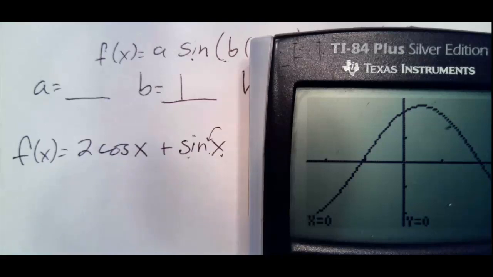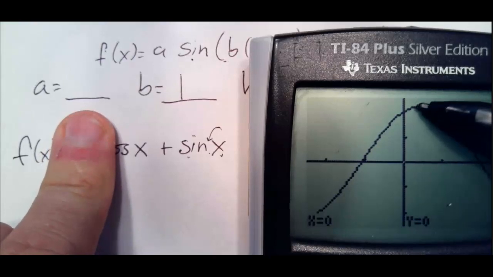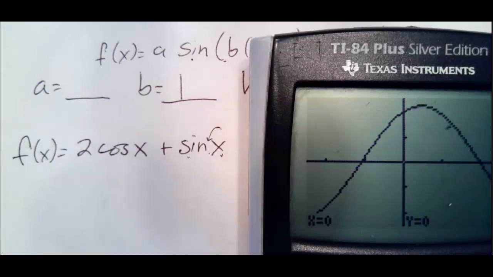All right, so let's go ahead and take care of A first. A is our amplitude. So we want what is the highest peak it is going in the Y direction. So you press the trace button, and we're going to try to get up here as close to the top as we can.